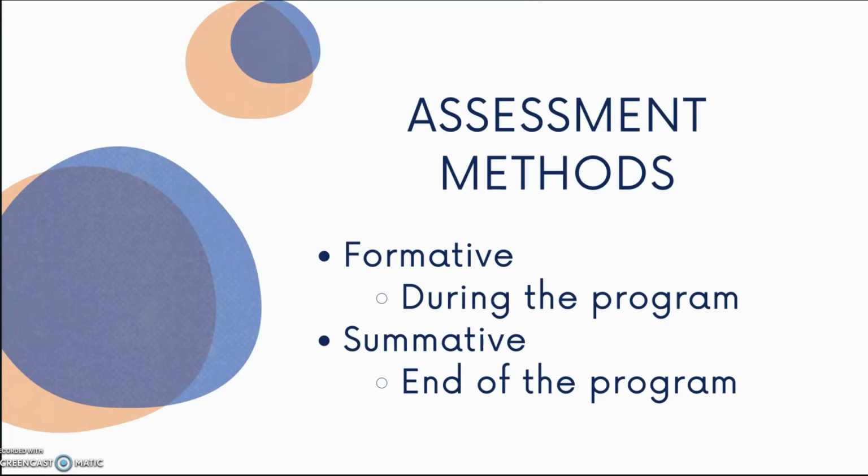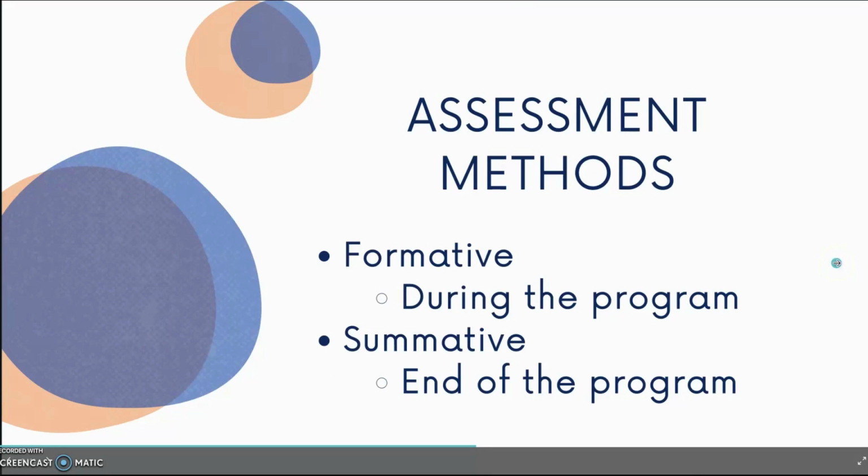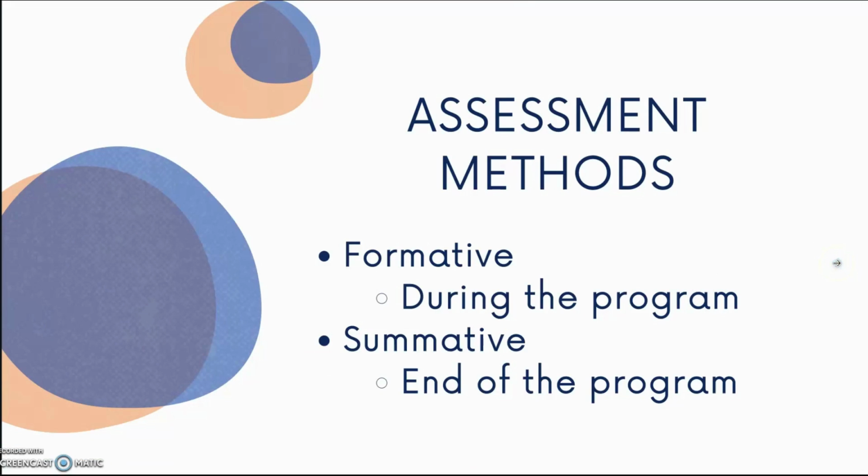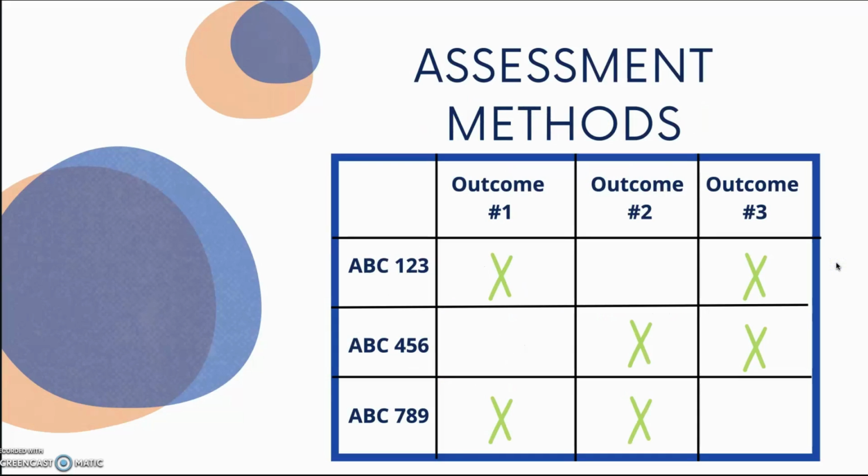These are the big categories by which assessment can be done: summative or formative. Formative assessment takes place in a current course or point during the program. When using a formative assessment method in your assessment plan, you'll want to make sure that your assessment plan aligns with your curriculum map.